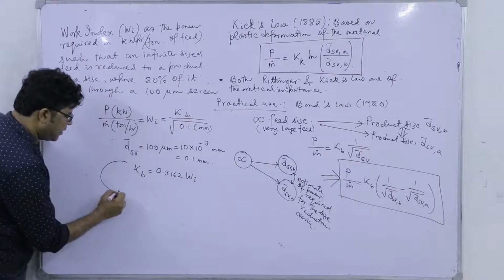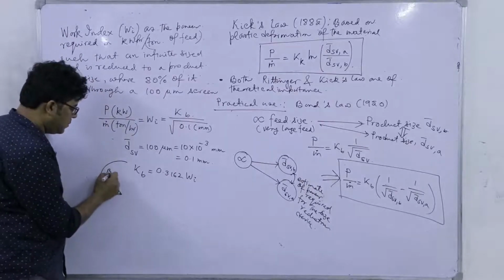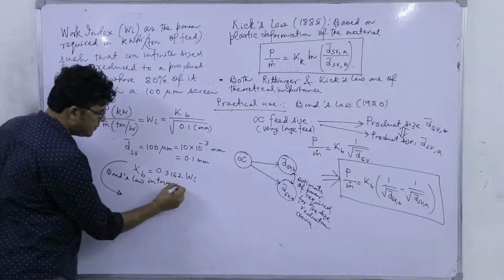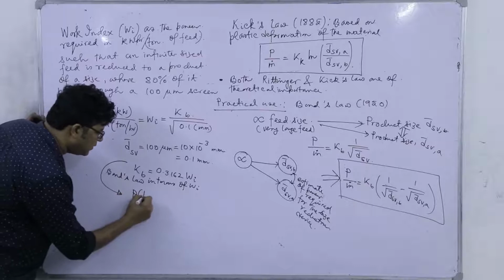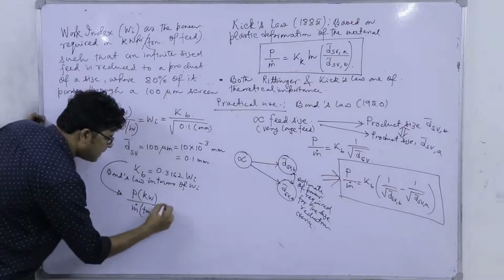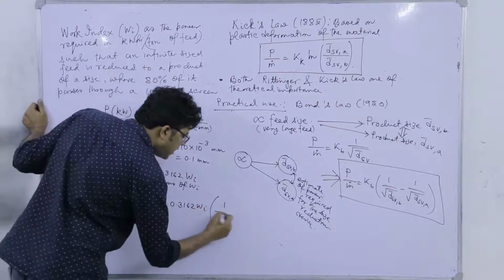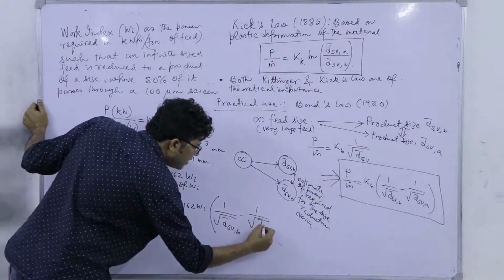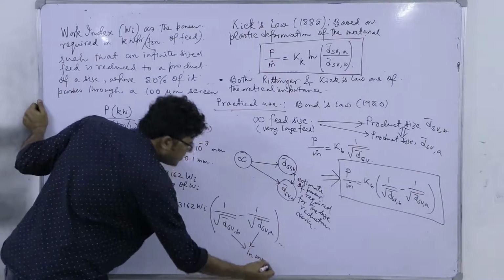So we can modify the Bond's law. This Wi, we have the table for different materials. So this has been standardized. So Bond's law in terms of Wi, what can you write? P, now it must be unit specific. P is in kilowatt. M dot is in ton per hour. This is 0.3162 Wi times 1 divided by d bar SVB minus 1 divided by d bar SVA, and these two must be in millimeter, right.